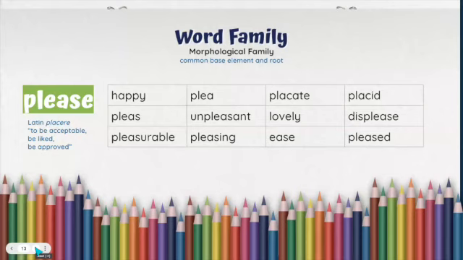Interestingly enough, there are words in this list that are connected by root, that share the placere, and I don't speak Latin, so if I've said that wrong, feel free to let me know. That particular Latin root actually applies to a number of the words in this example.